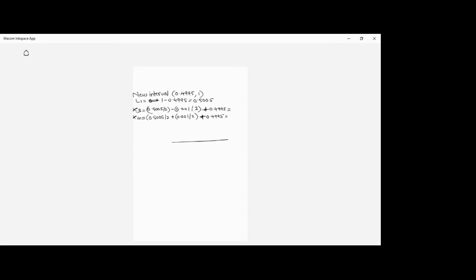So can anyone tell me the value in the calculator? Can you solve this: 0.5005 divided by 2 minus 0.001 divided by 2, and tell me the answer in the chat box.